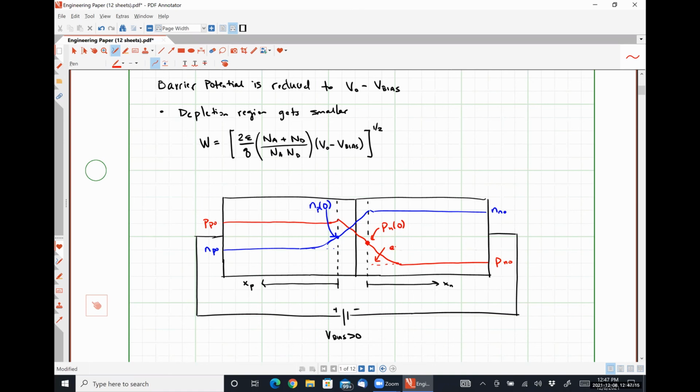So these are excess holes. And similarly, on the P side, we are going to have excess electrons.